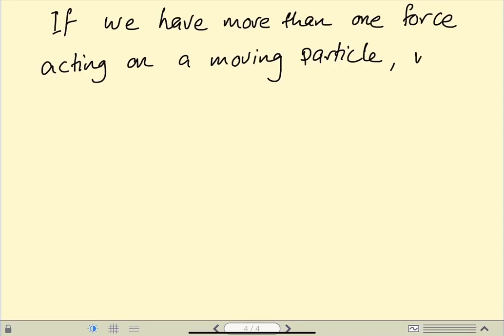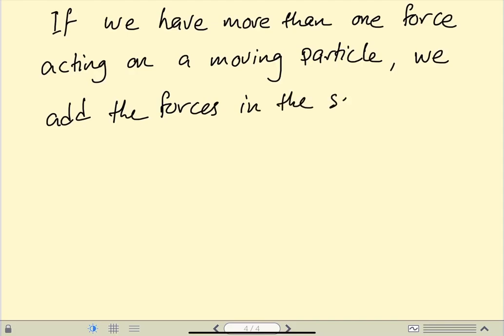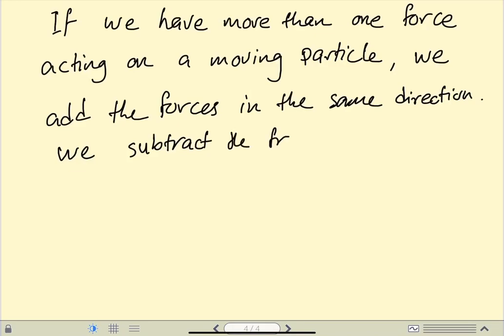We just add the forces in the same direction. At the same time, we subtract the forces in opposite direction.